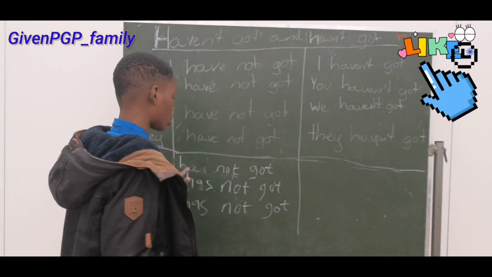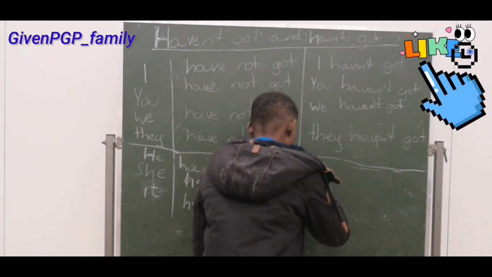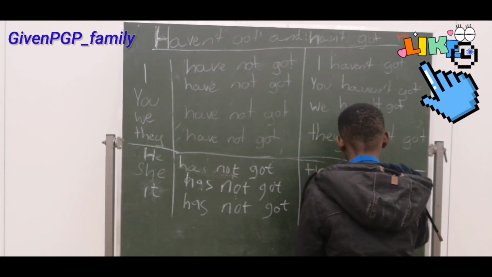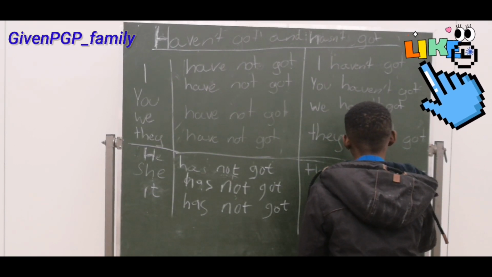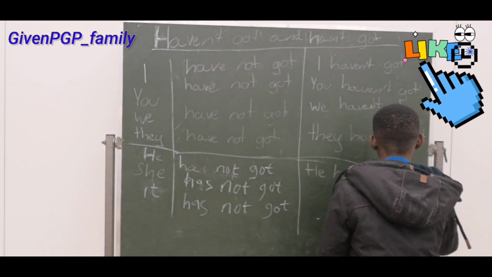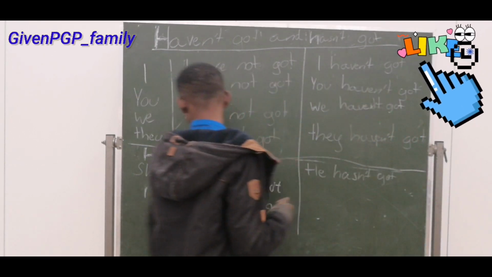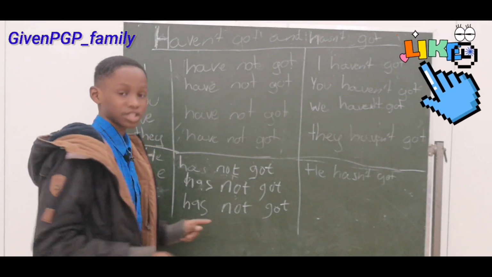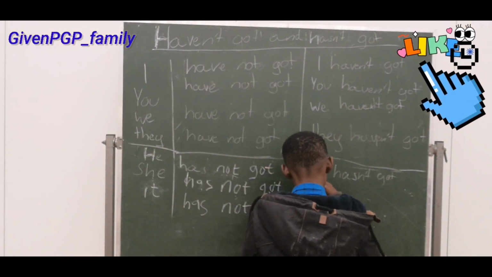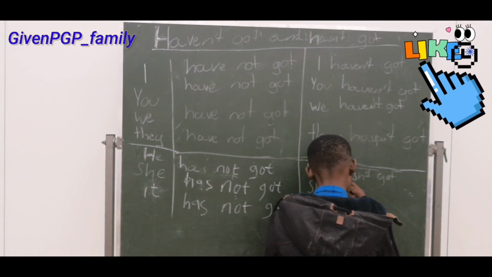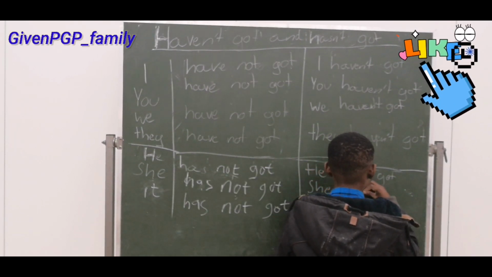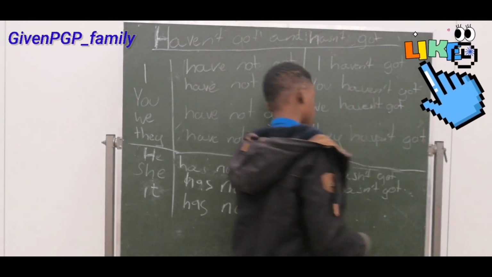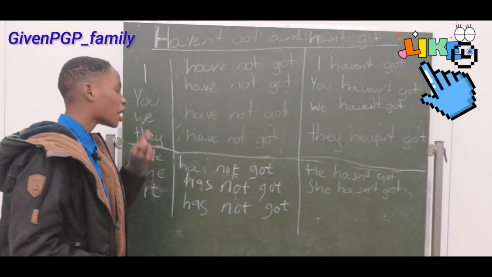He has not got is he hasn't got. He hasn't got a boy. Or she has not got. She hasn't got. She hasn't got.